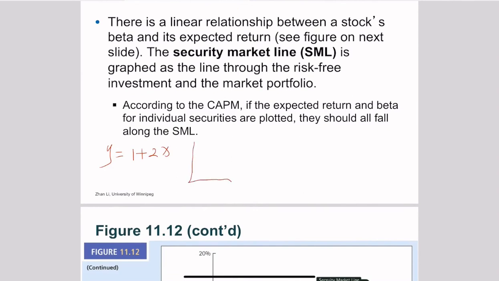If you put x on the horizontal axis and y on the vertical axis, then the vertical intercept is given by 1, and this line has a slope equal to 2.